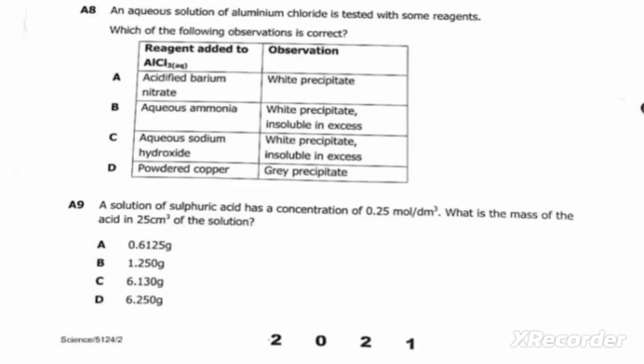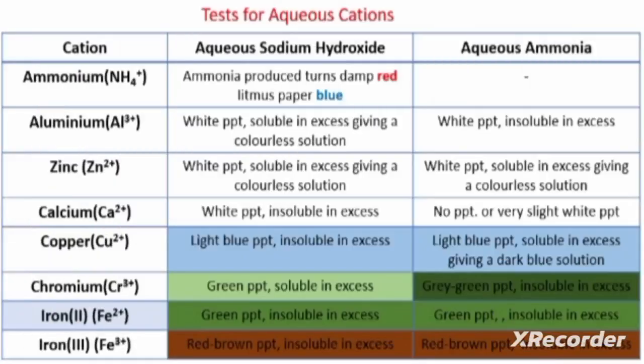So we need to understand that the aluminium cation that is coming from aluminum chloride, when it mingles with the aqueous ammonia, a white precipitate will form.